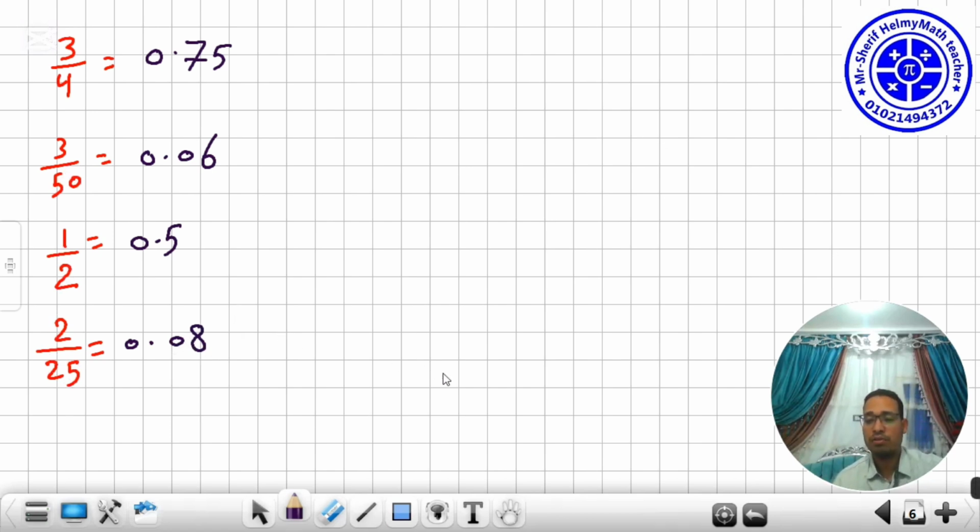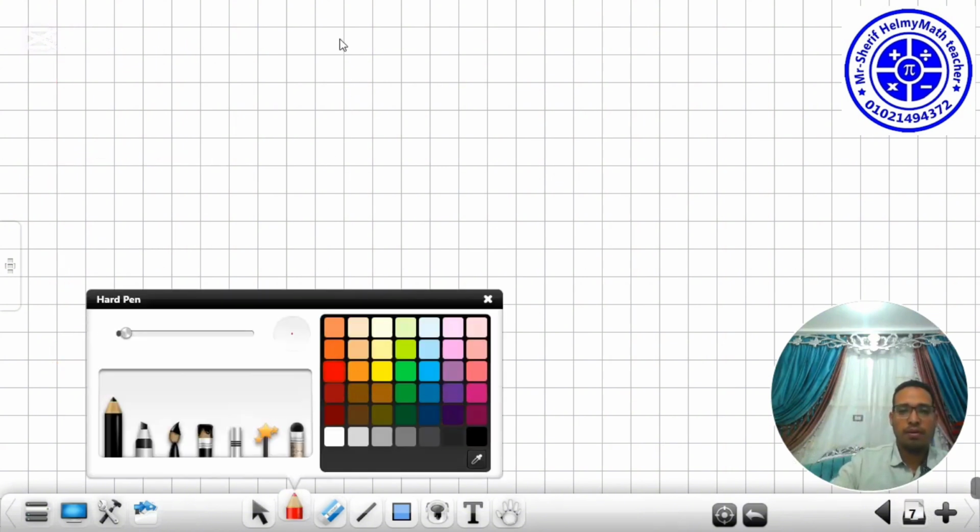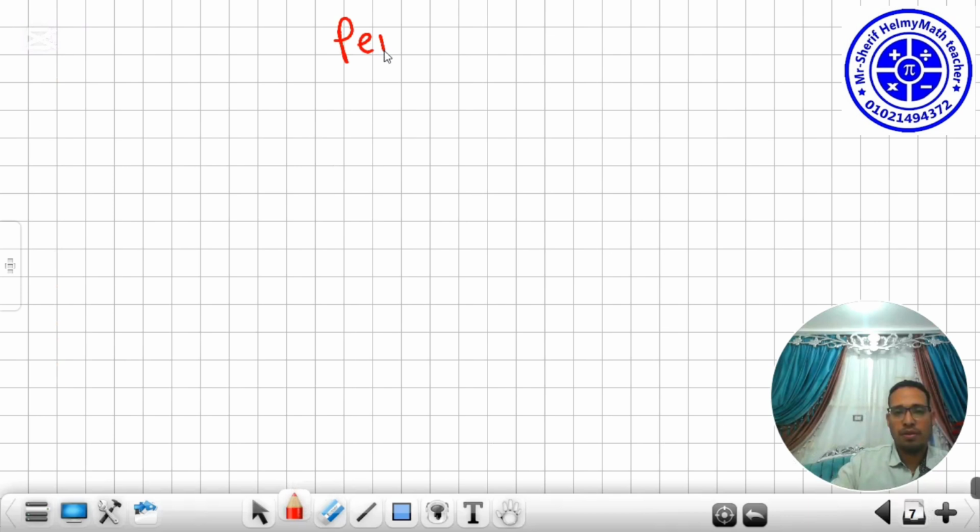Now we have a new topic, the percentage. What is the meaning of the percentage? Percentage is a fraction like 1 over 100, but its denominator must be 100.